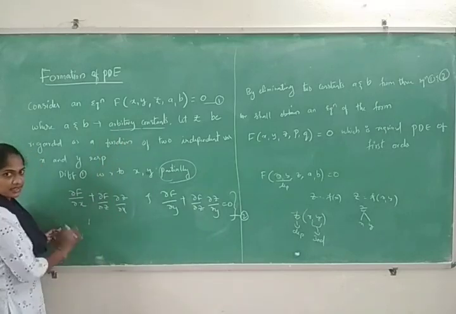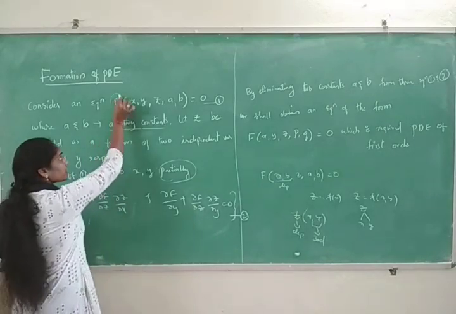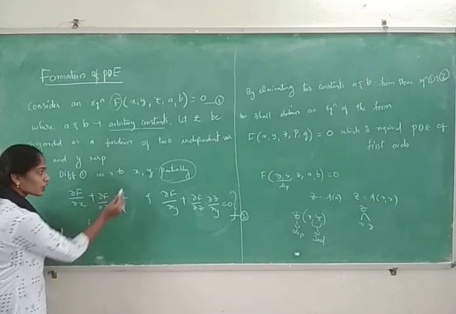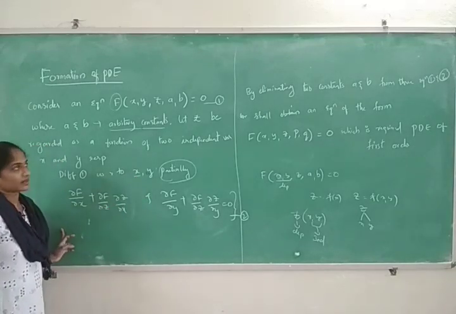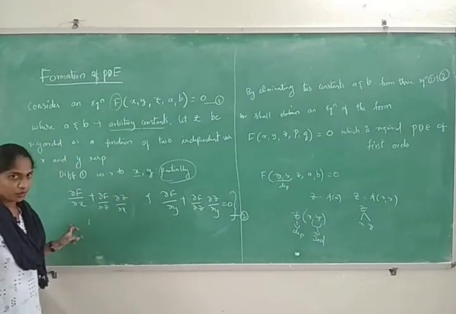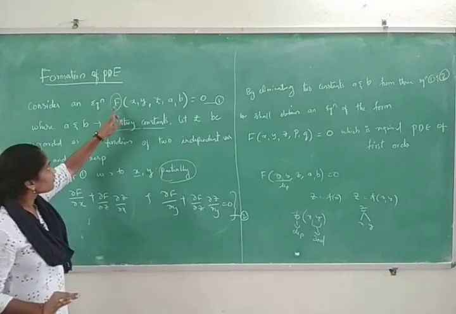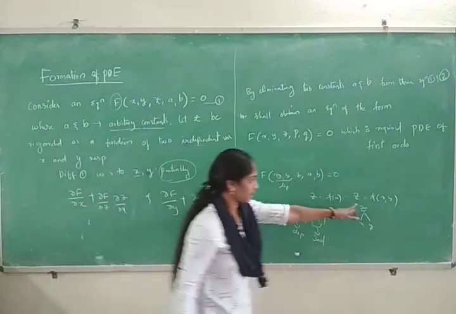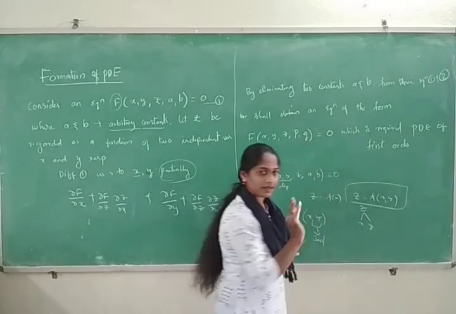How do you differentiate? See here, the function is f. You are differentiating first with respect to x, that means dou f by dou x. Now in the function f, what do you have? See, this is our required equation.